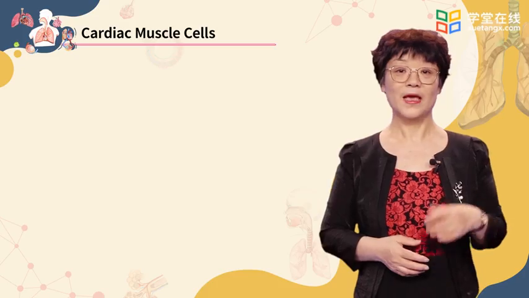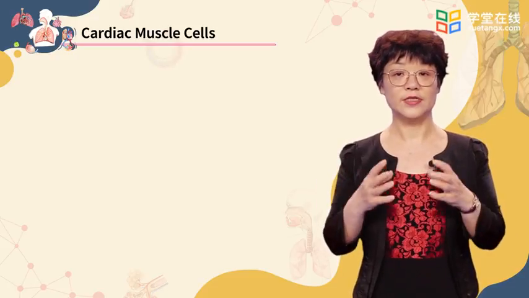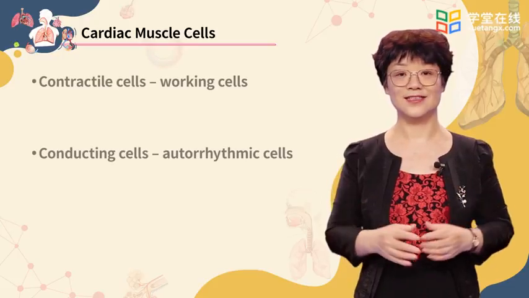The two functional syncytia allow the atria to contract a short time ahead of ventricular contraction, which is important for effective cardiac function. Cardiac cells can be classified into contractile cells and conducting cells.